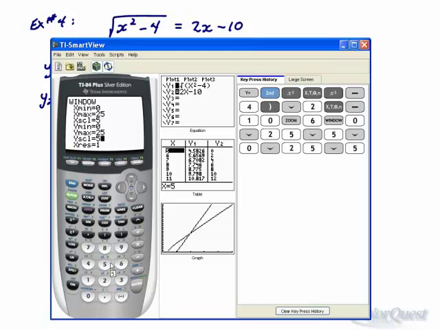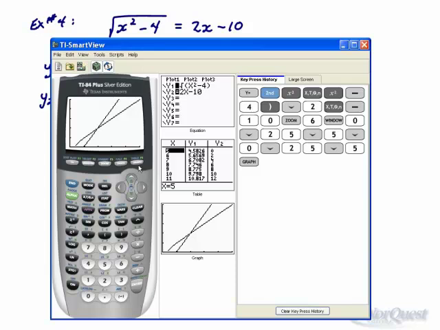And again, I was just kind of guessing here. Notice that I was close to the point of intersection. So I'm just going to see if I can actually get it on my screen. Hit graph. And I guess I'm a good guesser because I see the point of intersection clearly on the screen. So let's go find it.